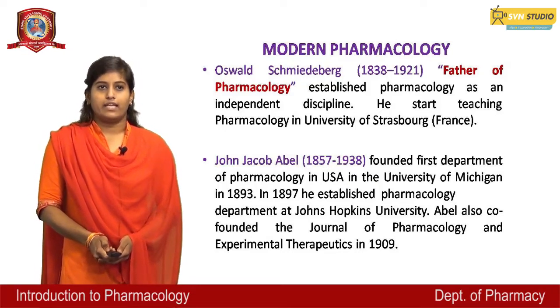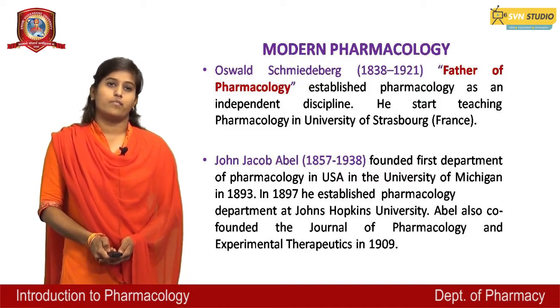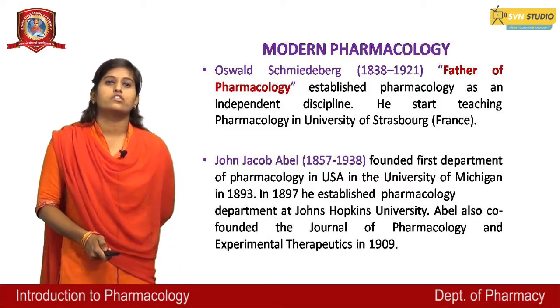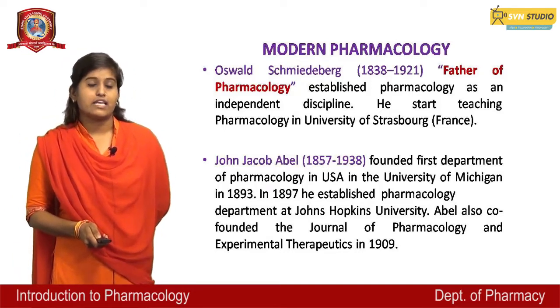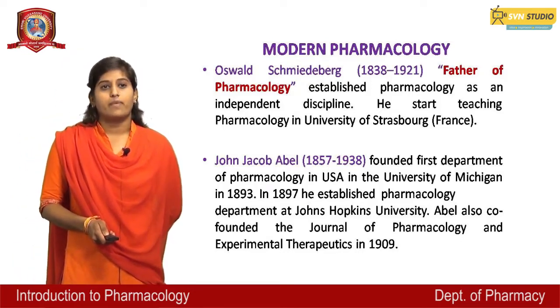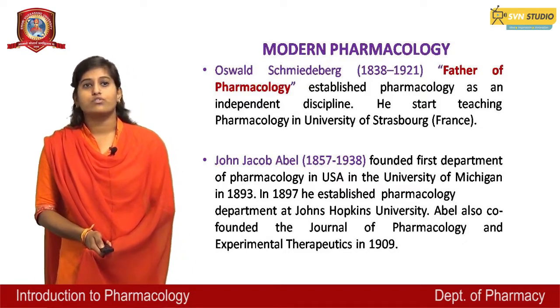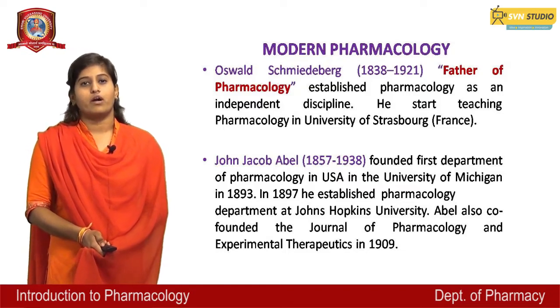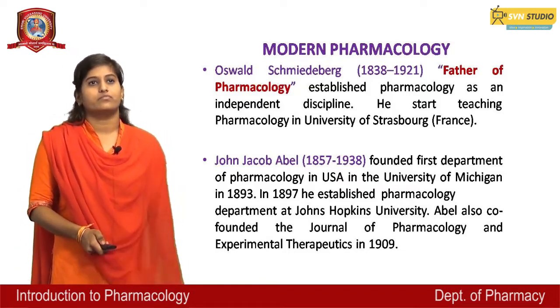John Jacob Abel, 1857 to 1938, founded the first department of pharmacology in the USA at the University of Michigan in 1893. In 1897, he established the pharmacology department at Johns Hopkins University. Abel also co-founded the Journal of Pharmacology and Experimental Therapeutics in 1909.